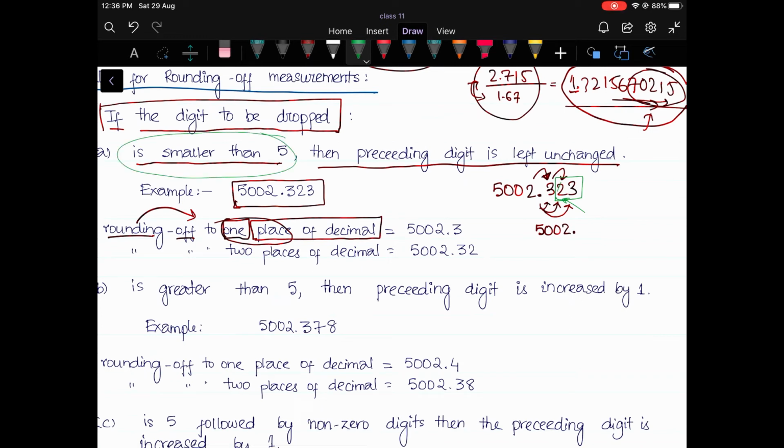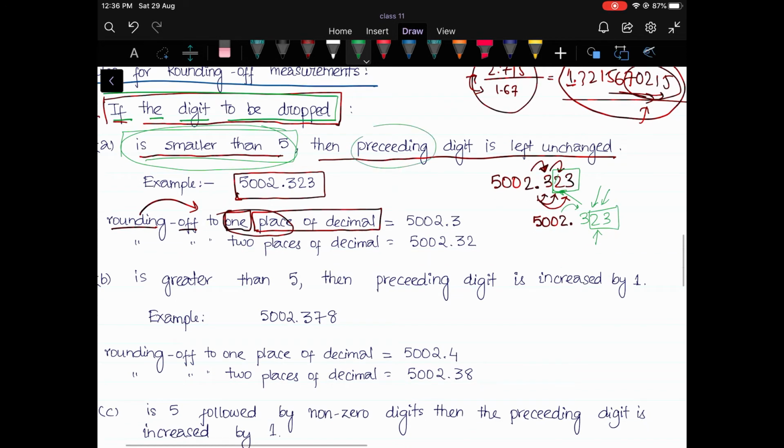I'll repeat again. I want to drop right from the second place of decimal, because we want to write only up to the first place, and I see that the digit that has to be dropped, that is 2, is smaller than 5. Of course 2 is smaller than 5. Then the preceding digit is left unchanged. That means this 3 here should not be changed. I should only write it as 3.